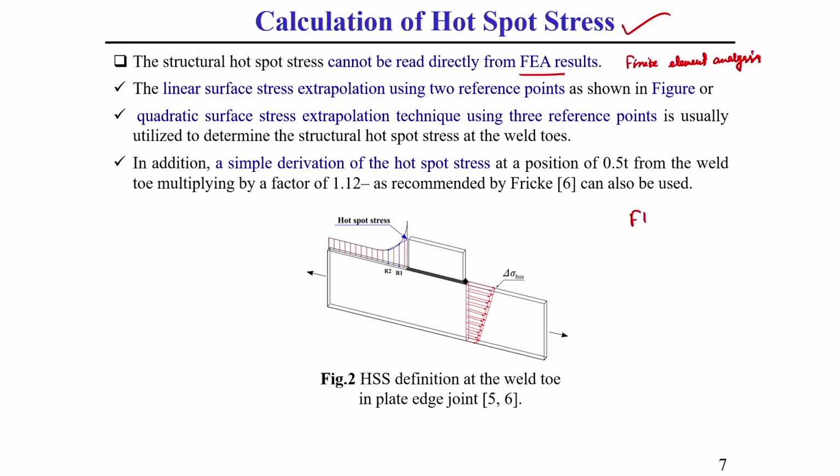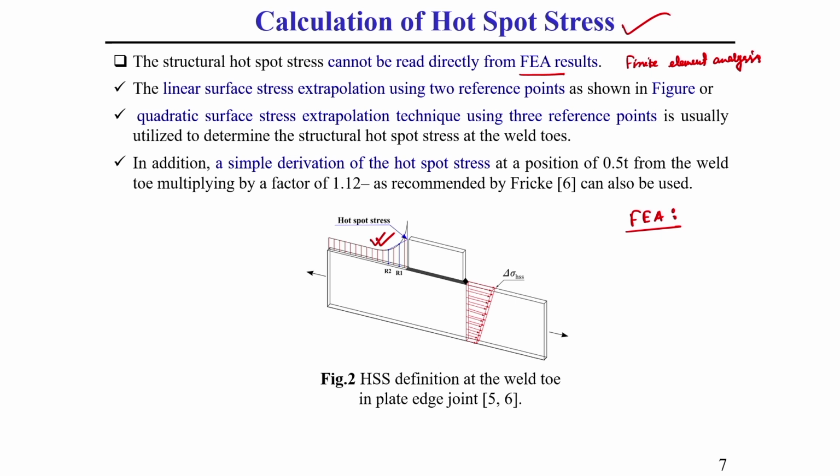So, first of all, by using finite element analysis FEA, what we need to do is predict the stress distribution from the weld toe, at the surface of the weld plate or at the edge of the weld plate. Here you can see this is the stress distribution.